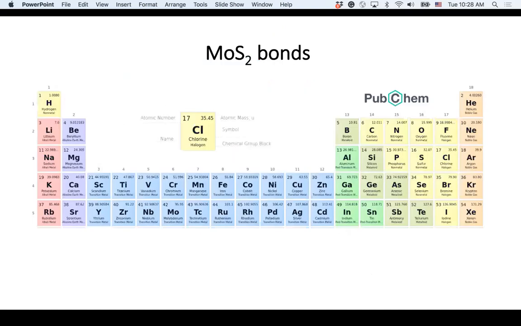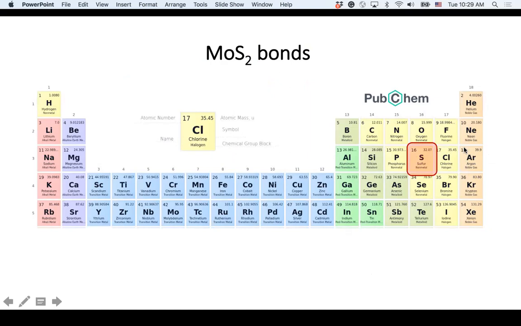Okay, now let's consider the S atom. You can see that it is in this position in the periodic table. The outermost electrons occupy the p orbital, and you need to fill 2 more electrons to reach the argon complete shell configuration.